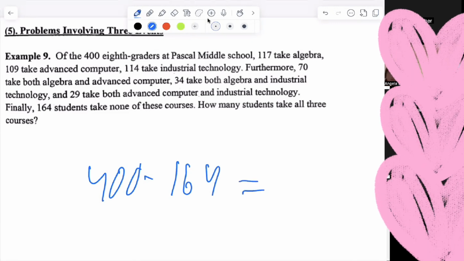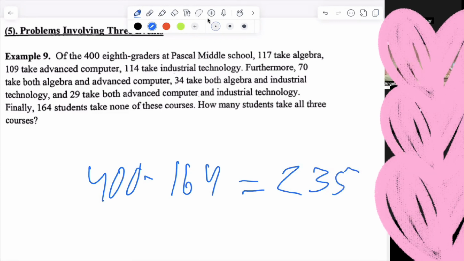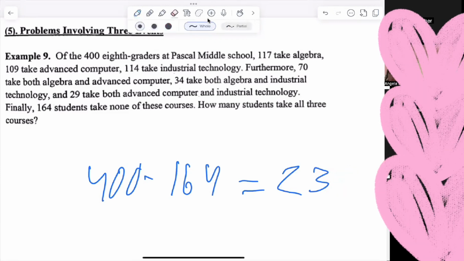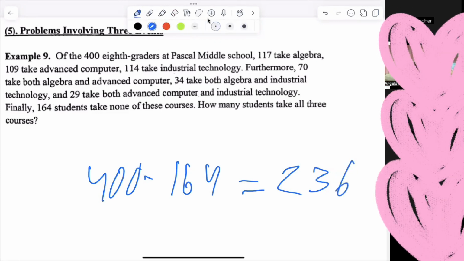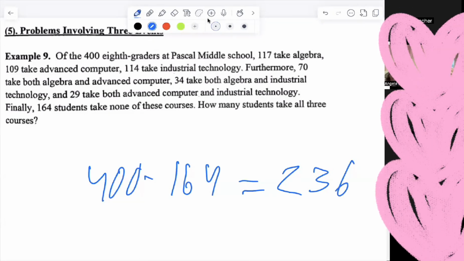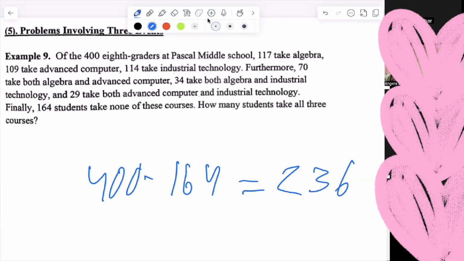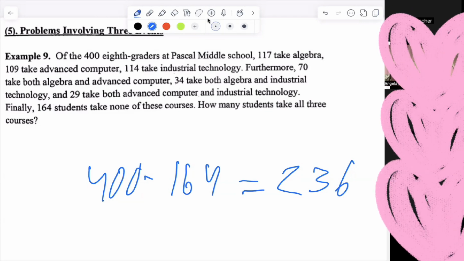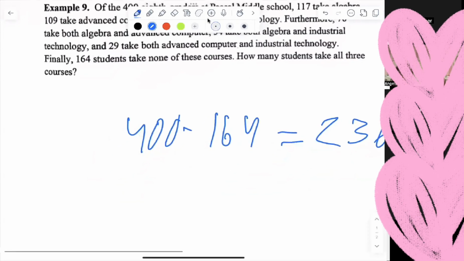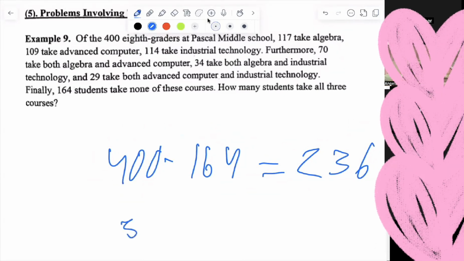This gives us 236. Now, from here, we get 114 take industrial technology, 117 take algebra, and 109 take advanced computer. Let's add all three of those up.